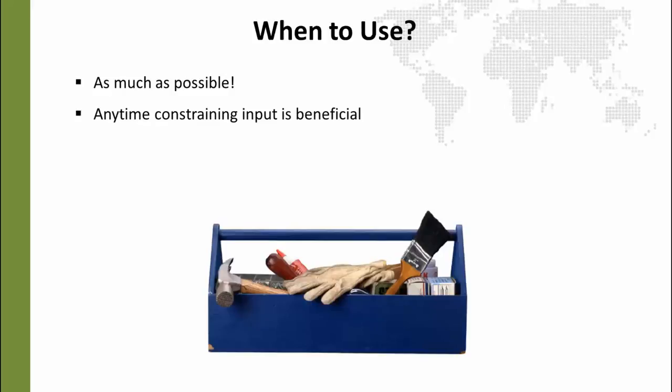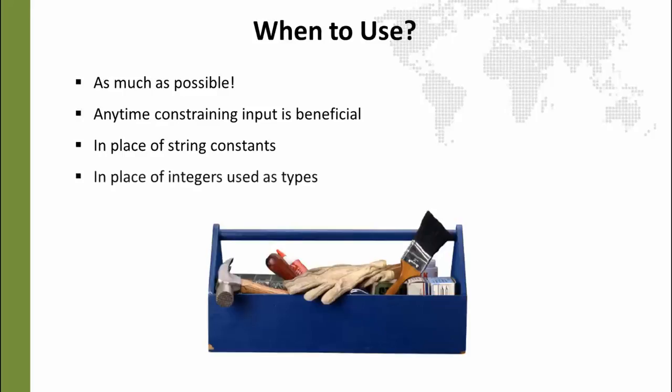If I had to give two general rules of when to use an enumeration, one would be in place of string constants. Any place that you are putting constants in your code that are strings, and you are going to have to do any kind of comparison of them, is probably a good place to use an enumeration. The other one is when you are using integers as types.